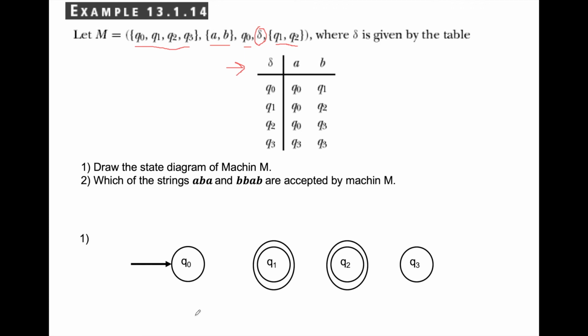If A comes to state Q0, it will remain in its place. If B, it will go to Q1. For Q1, A will go to Q0 and B will go to Q2. For Q2, A will go to Q0 and B will go to Q3. And for Q3, for A and B, it will remain in itself. And that's it. Here we draw the state diagram of machine M.